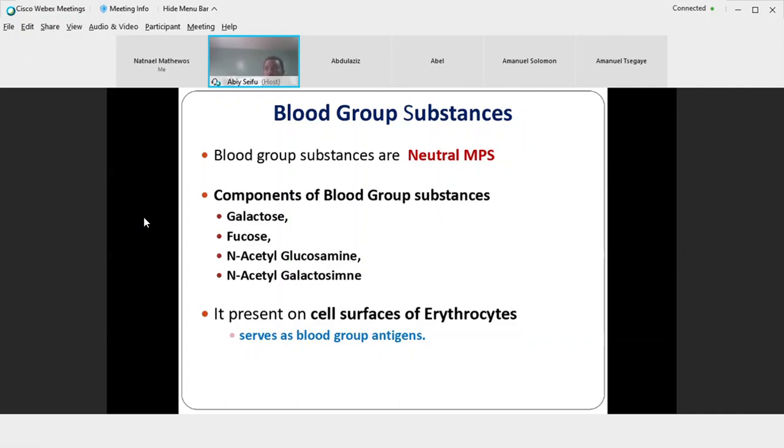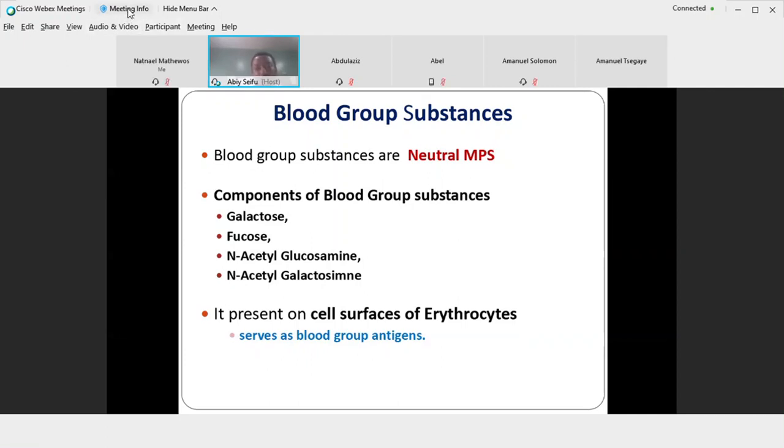That means we have carbohydrate residues bound on the surface of red blood cells, and the carbohydrate components determine our blood groups. Some carbohydrate moieties can be added on the antigen, and the presence of the antigen determines the group the individual belongs to.